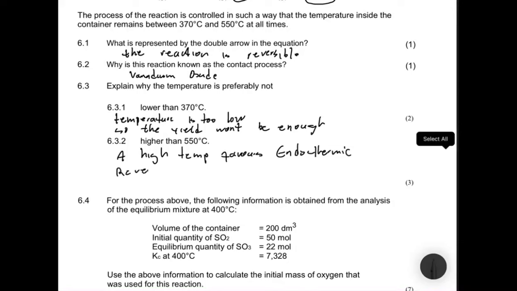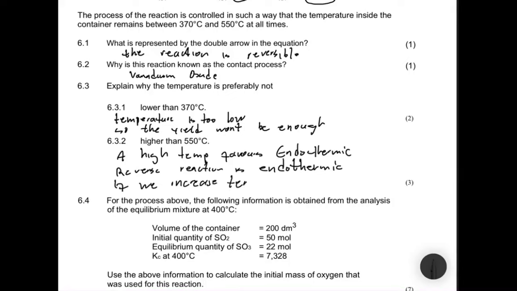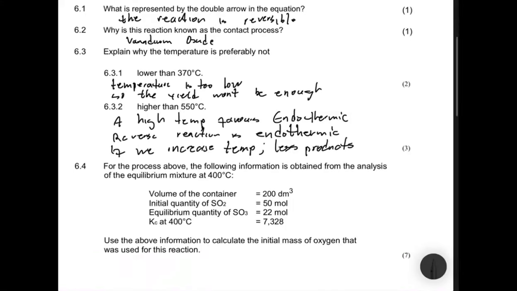So our reverse reaction is endothermic. So if we increase the temperature, less products will be formed, right? So we're gonna have less products being formed.